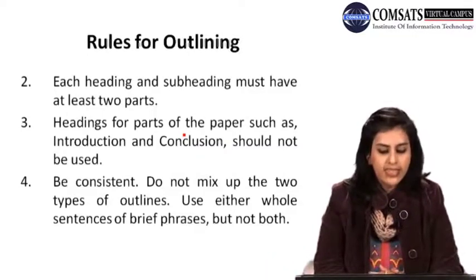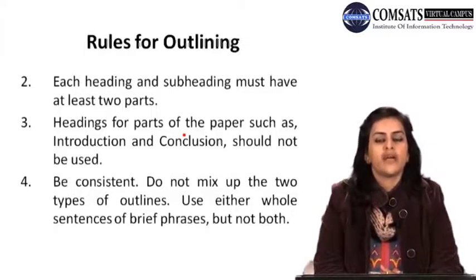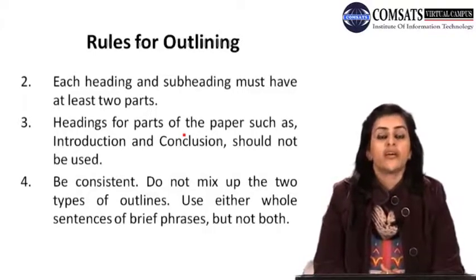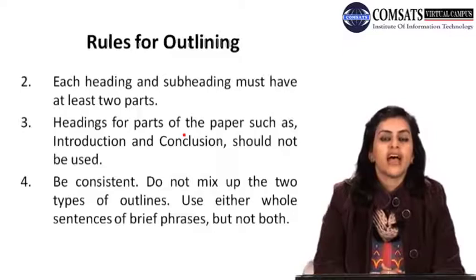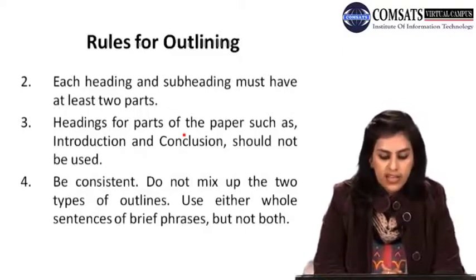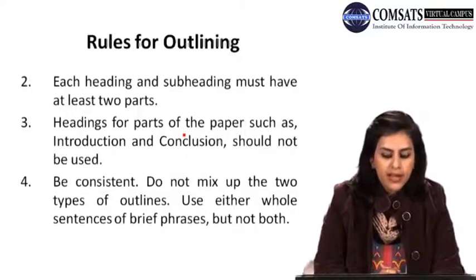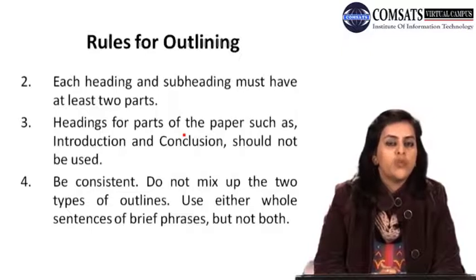Now let's quickly see. You have seen rule number 1, that was to clearly divide your outline into different parts, and that's what you have seen in the previous slide as well. Now let's move on to the second one. The second one says that each heading and subheading must have at least 2 parts.